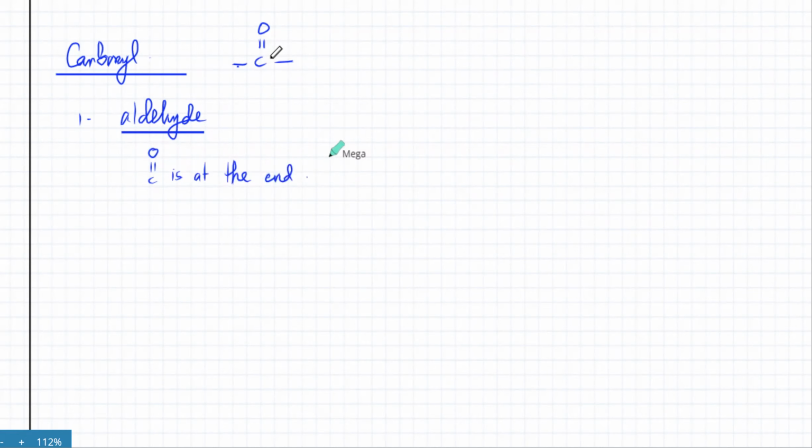So it's right at the end of the chain. One example would be a double bond O right at the end of the chain.